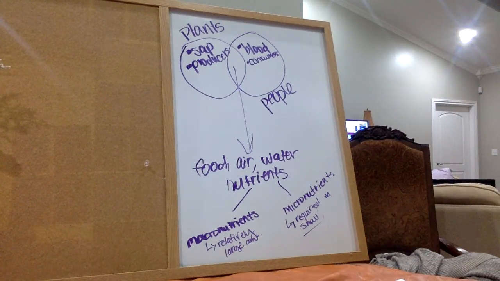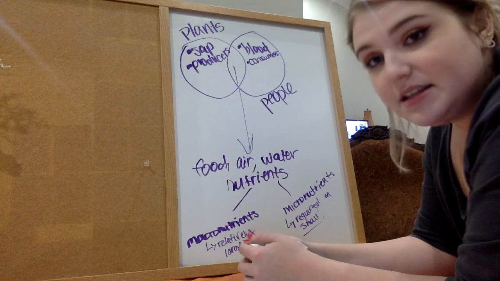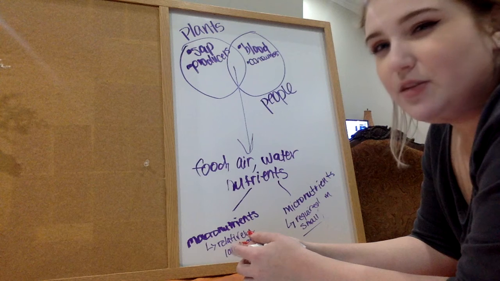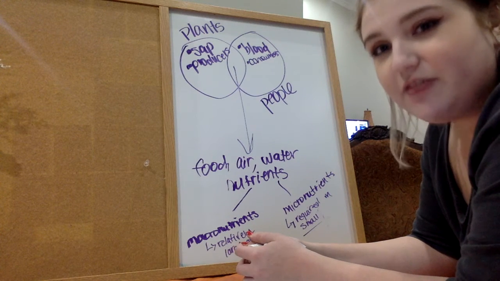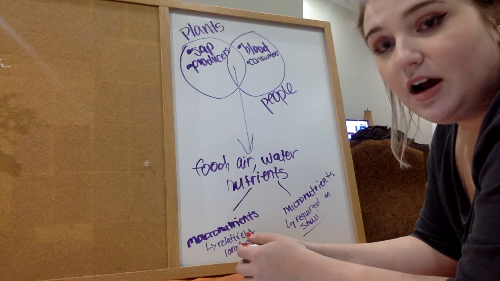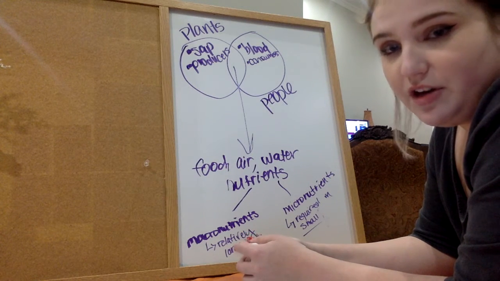So we're going to talk now about three of the most important macronutrients that are needed for plants, and also a little bit about fertilizers, because when you look at a fertilizer bag, it shows you certain nutrients that you need to add to the soil to promote growth in your plants.